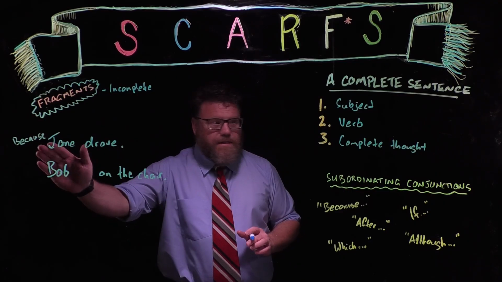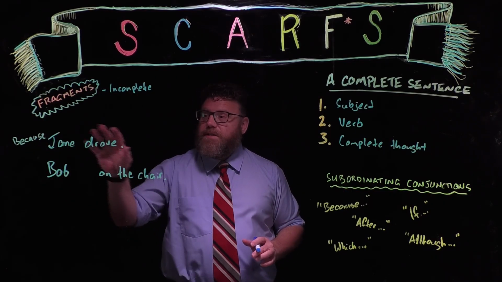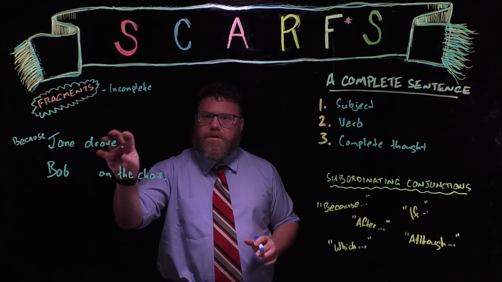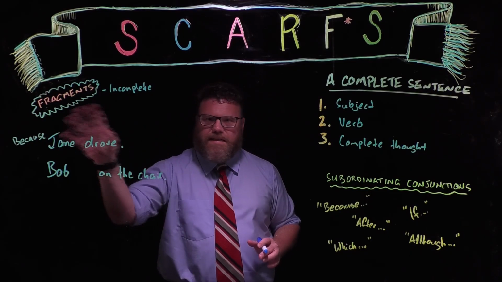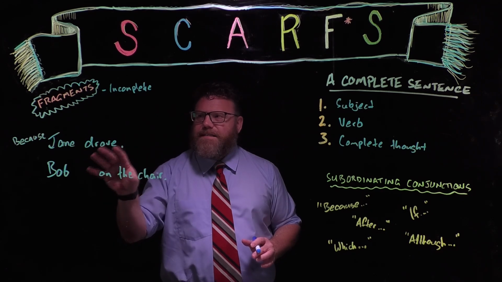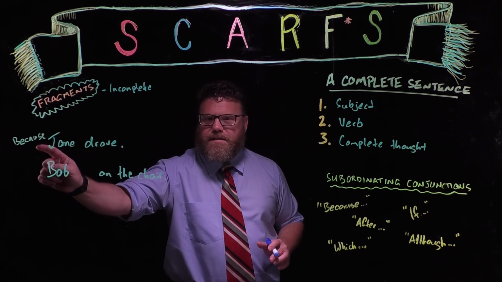It's called a subordinating conjunction because it makes this clause subordinate. It needs a main clause. The sentence is now without a main clause, and so it doesn't make sense. Now, this is the culprit of a lot of sentence fragments.